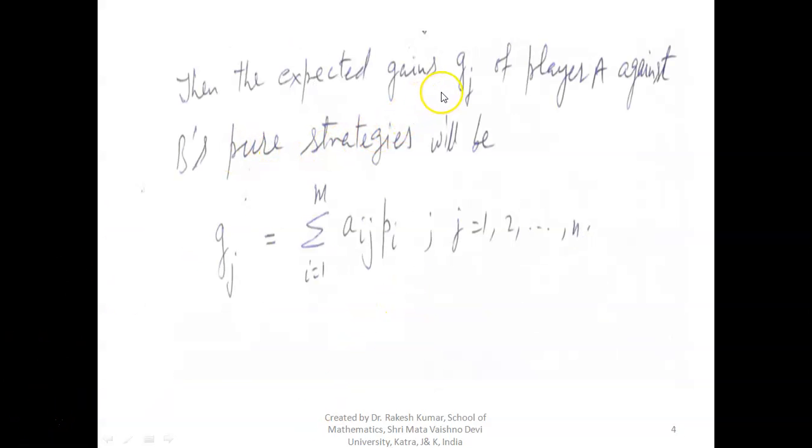Then the expected gains Gj of player A against B's pure strategies will be Gj is equal to summation i from 1 to m aij pi, j running from 1 to n. For example, if we simply put j is equal to 1, we will get G1.